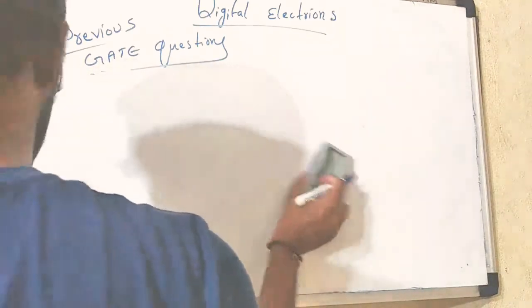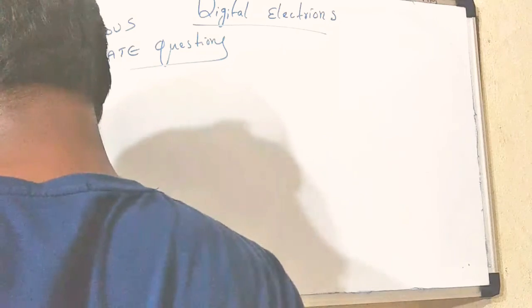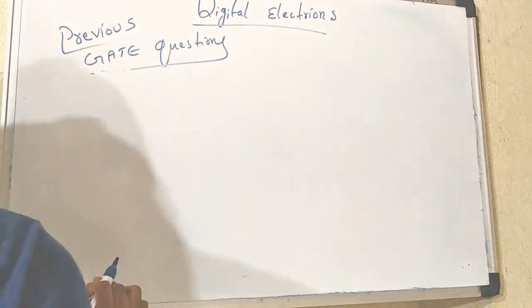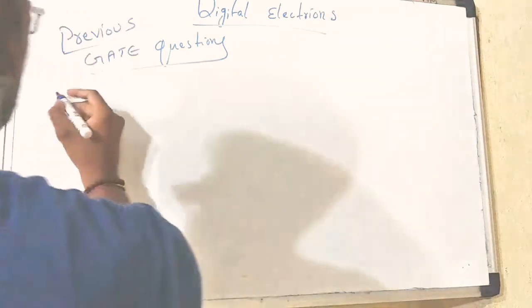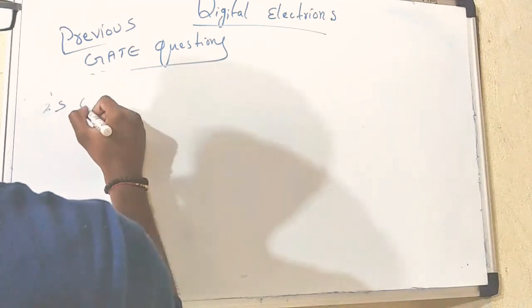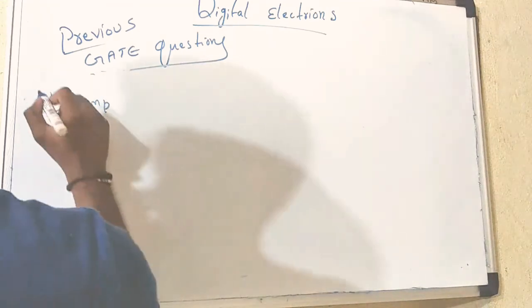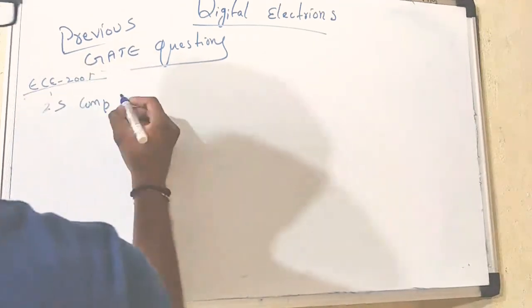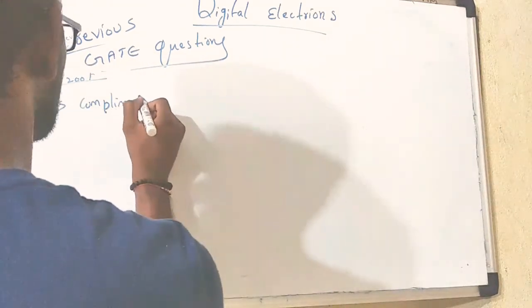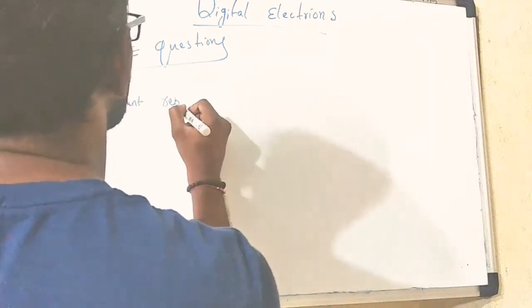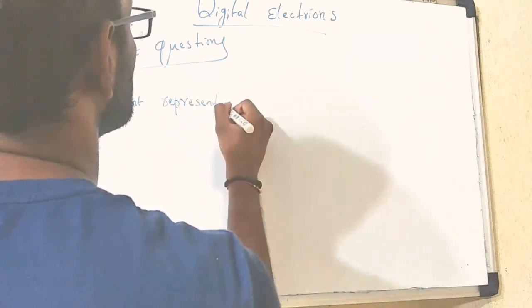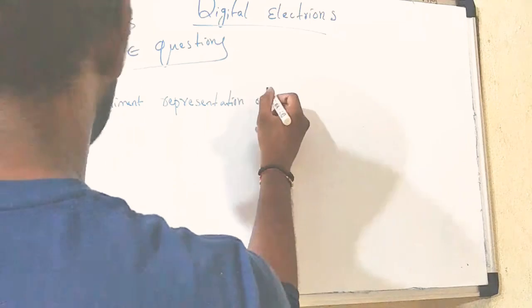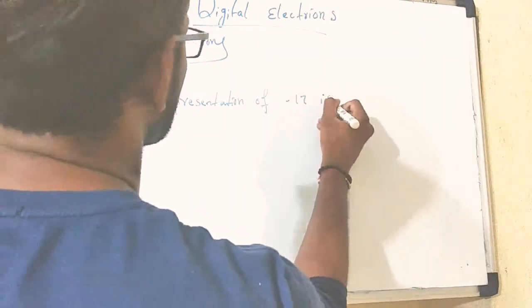Let's see another question. GATE PC 2001: the 2's complement representation of minus 17 is.